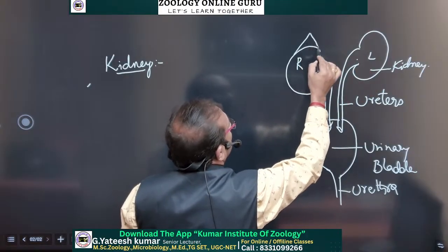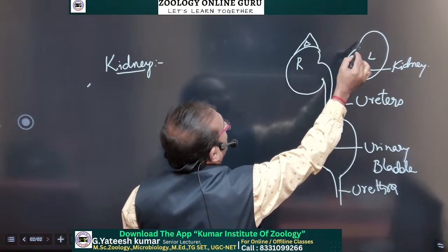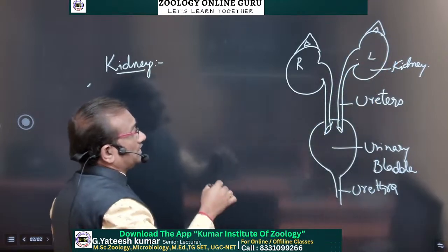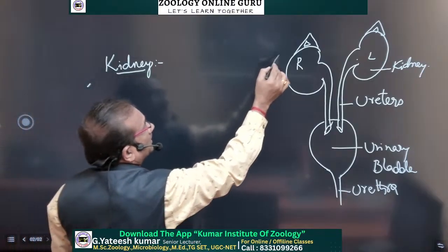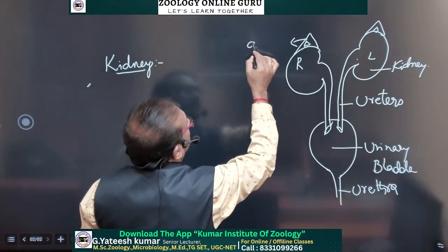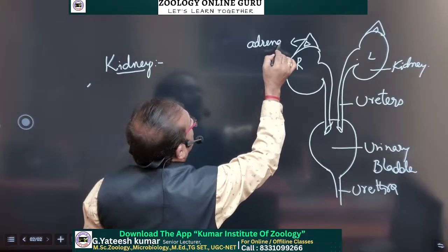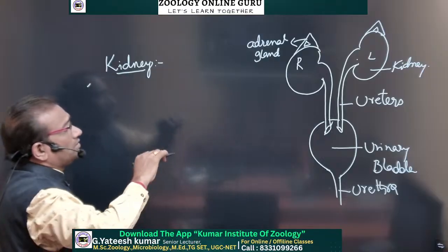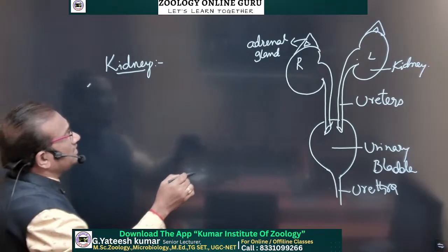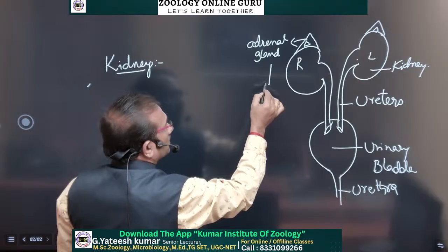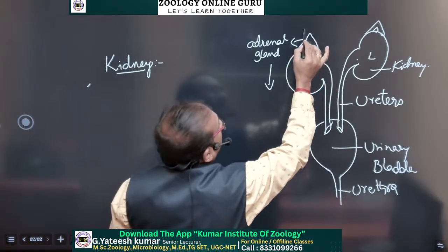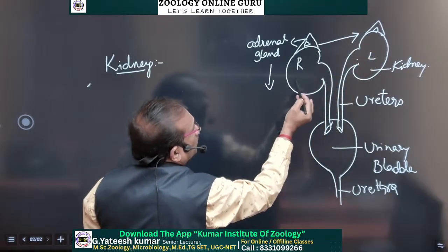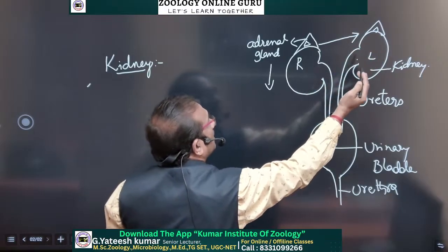Above the kidney, a gland is present. This is called the adrenal gland, a triangle shaped endocrine gland. Coming to the right and left kidney, the right kidney is somewhat lower than the left kidney.